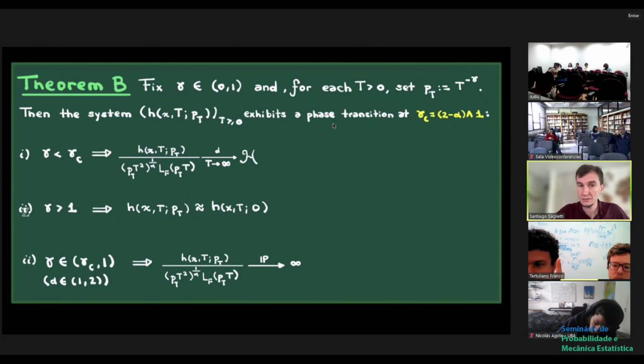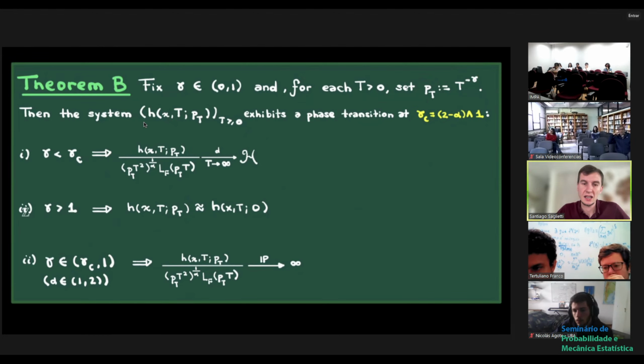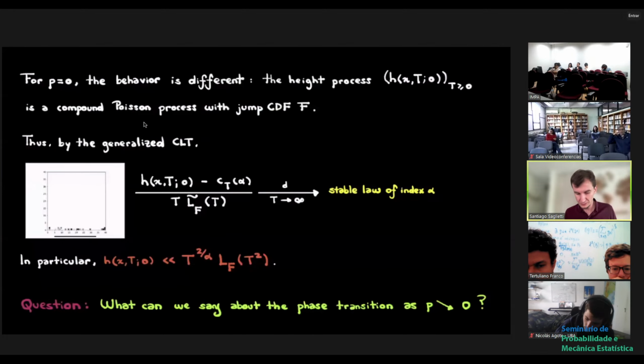A question. In the third case, you are going to infinity. So maybe if you normalize it differently, it may have a limit, right? Do you have any clue? Yes. Maybe, but we don't know. What I can tell you is that this grows at least as fast as random deposition. Random deposition grows like this, essentially, depending on the constant here.